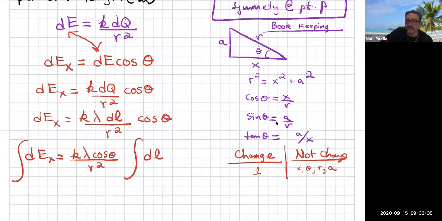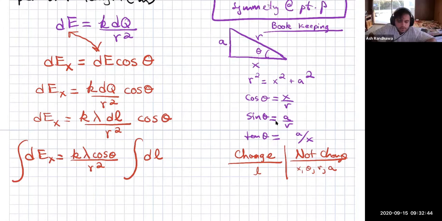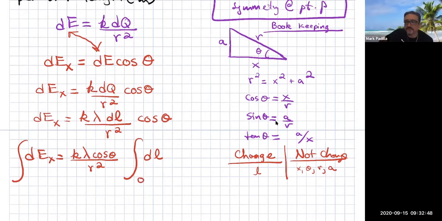So if you're integrating around a circle, what would be the limits of integration? 0 to 2 pi a. Remember, that differential right there is a length, not a d theta. If it's an angle you're integrating around, that's fine. But what is 2 pi a?